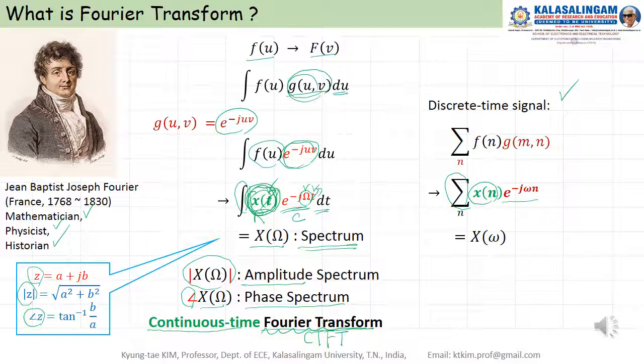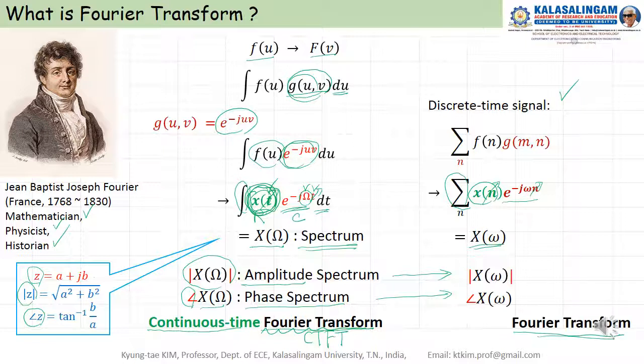Then here n is removed, and we get X(omega). Also like this, you can use the amplitude spectrum and phase spectrum. We call this also the spectrum. Especially since x(n) is a discrete-time signal, we call this the discrete-time Fourier transform.